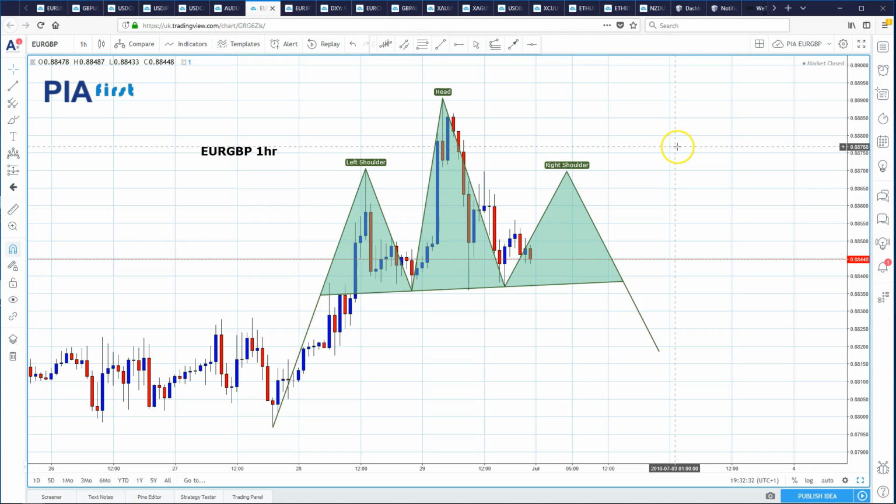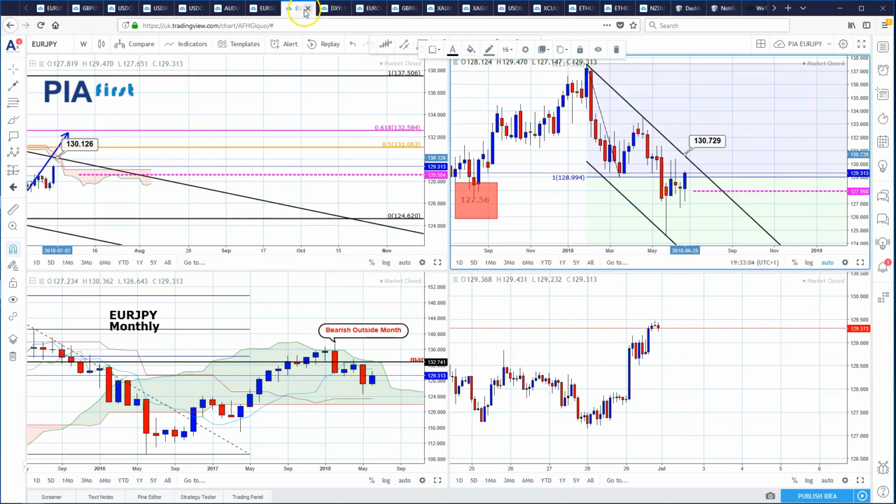I have to check our levels in euro sterling at the moment on a medium term call. We're going to monitor this very carefully at the beginning of the week. If this looks like the next rally is rejected around 88.70, then we're probably forming a bearish head and shoulders pattern. So this would be a left shoulder, this would be the head, and then we'd form the right shoulder. If that is the case, then we're going to be looking at getting out of our medium term long trade in euro sterling.